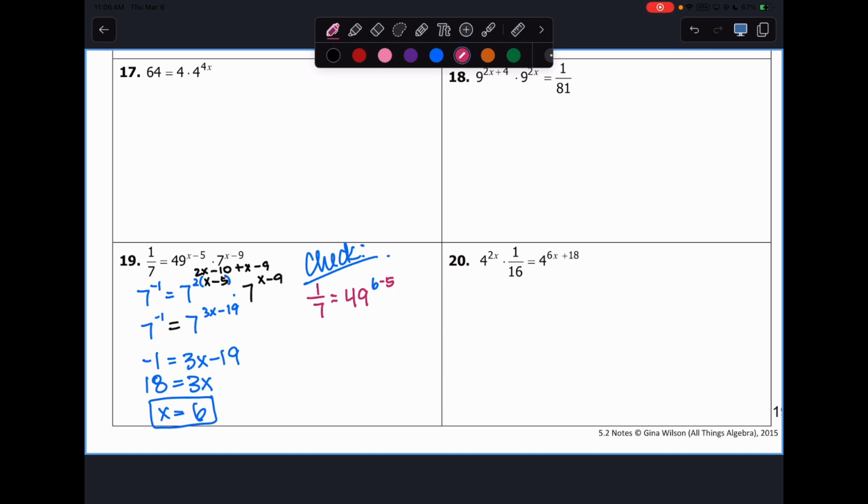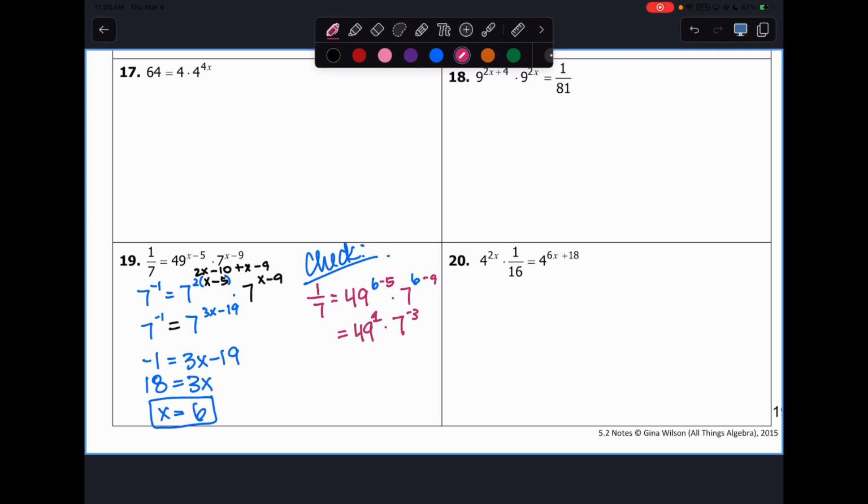So that's 1 times 7 to 6 minus 9. So that would be 49 to the first power times 7 to the negative third power, right? What do you get? Is it the same as 1/7?